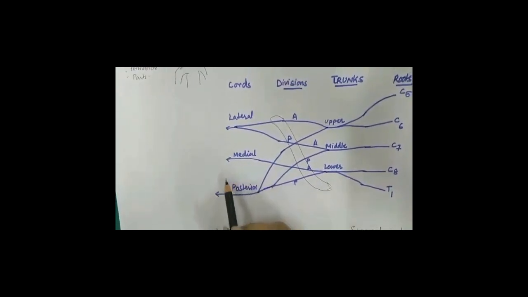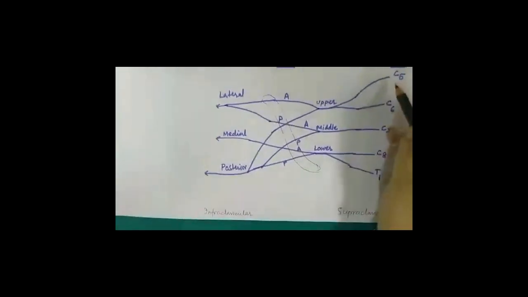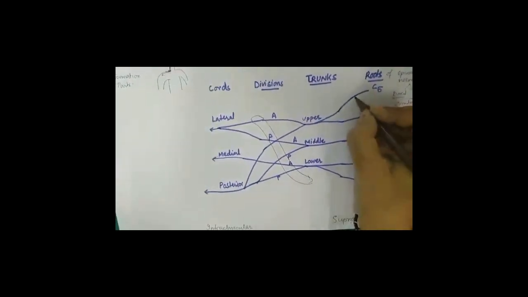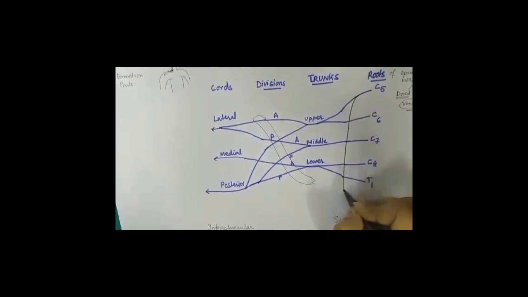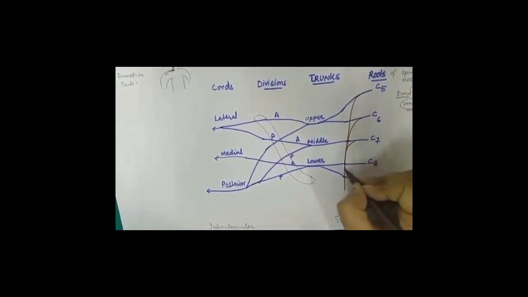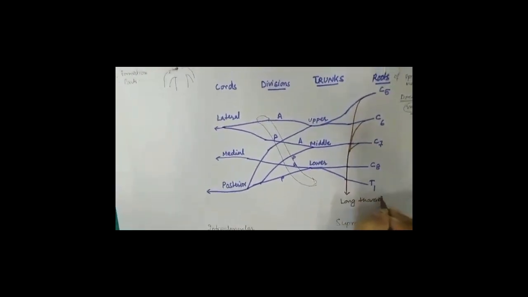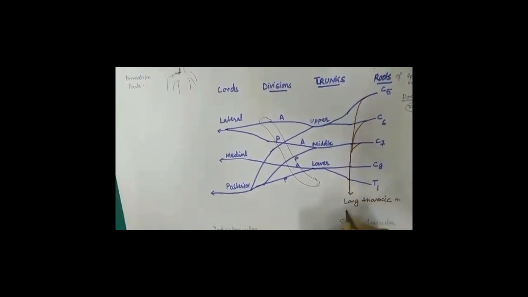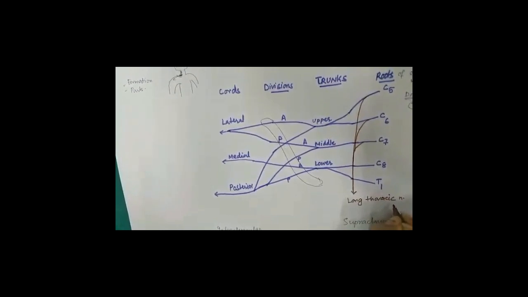Now before moving towards the infraclavicular part, let us see there are some branches coming out of the roots. One of the branches is formed by joining of C5, C6 and C7 roots and is called long thoracic nerve. You will see it supplies serratus anterior muscle. So what is the root value of long thoracic nerve?